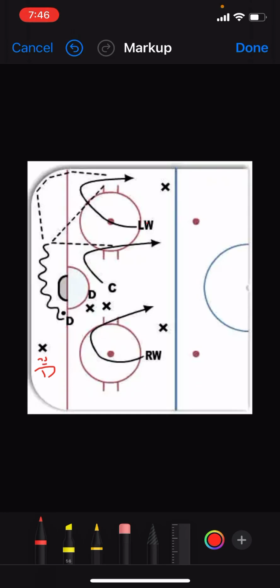Immediately once your player wins the puck, okay? Your player wins the puck right here. You want to go like this immediately and drop down over there because we want to try to get that puck across. This guy skates his route, centerman skates his route, and we're off to the races. Okay?